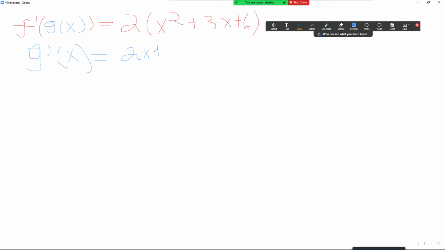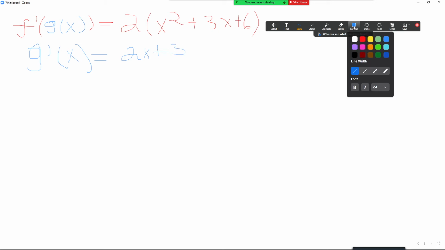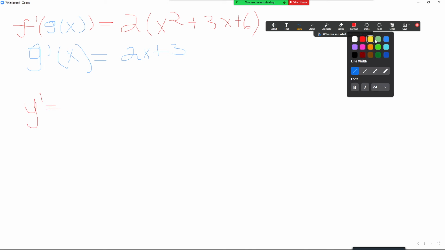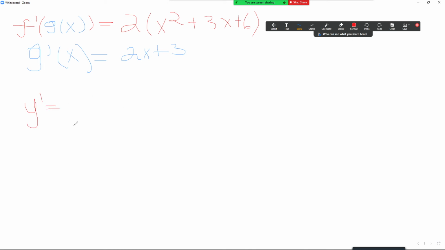So essentially, y prime, using the definition of chain rule, is f prime, the derivative of your outside function with the inside function being plugged into it afterwards. That's the way I like to say this part.